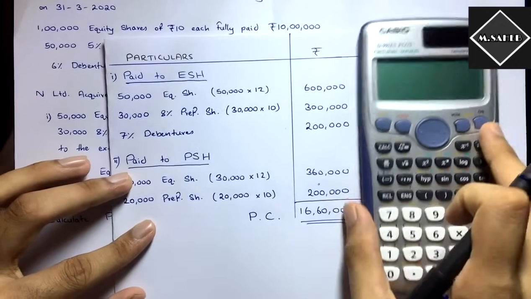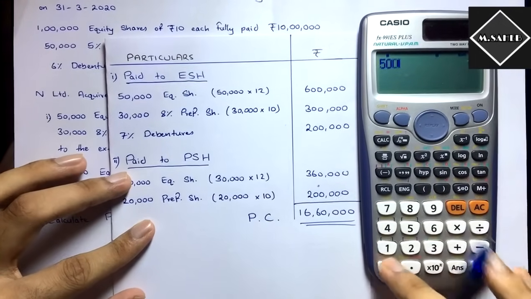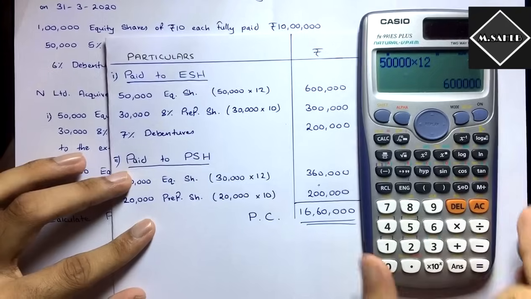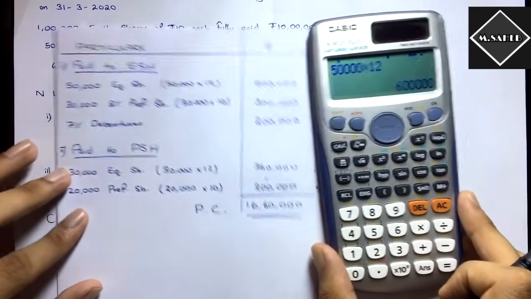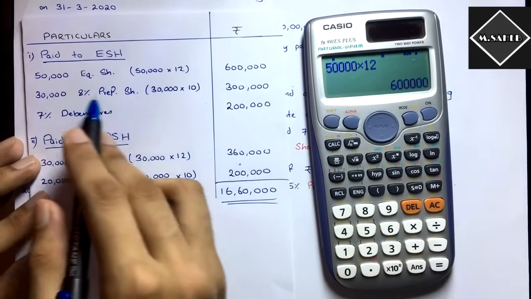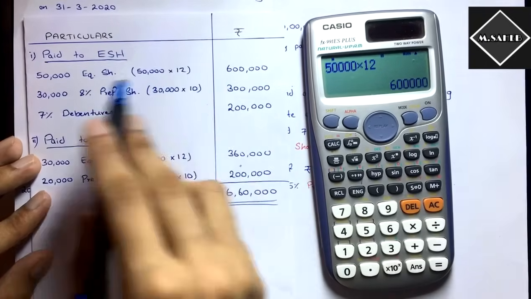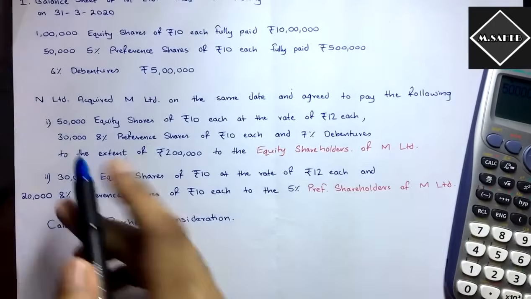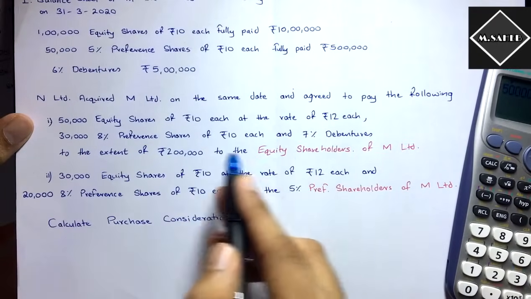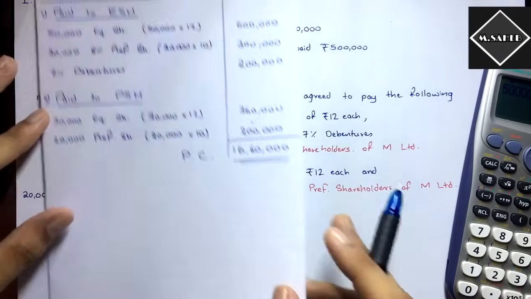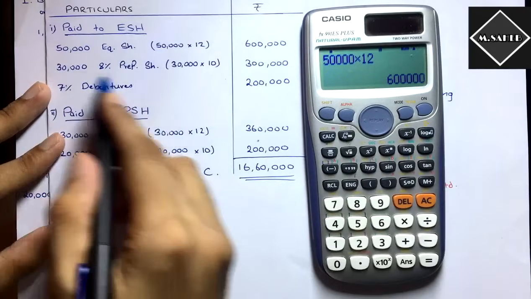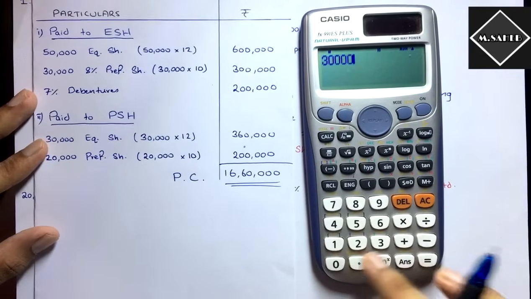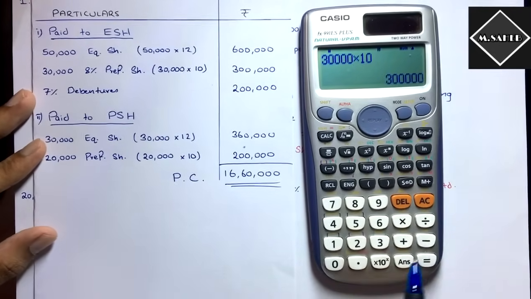That is what is given to the equity shareholders as equity shares. And then preference shares are given. How many? 30,000 preference shares, at 10 each only. So 30,000 at 10 is equal to 3 lakh.